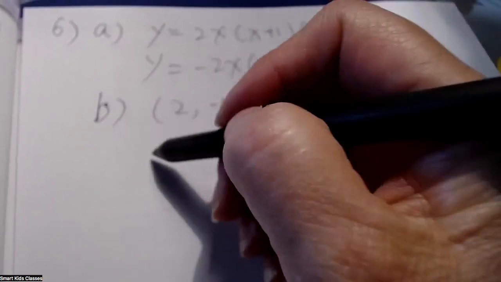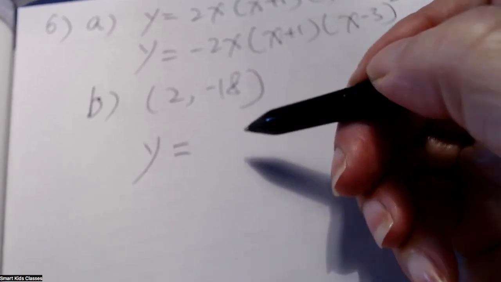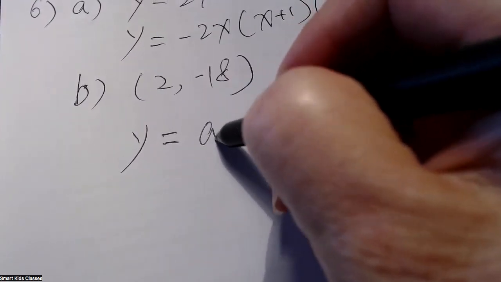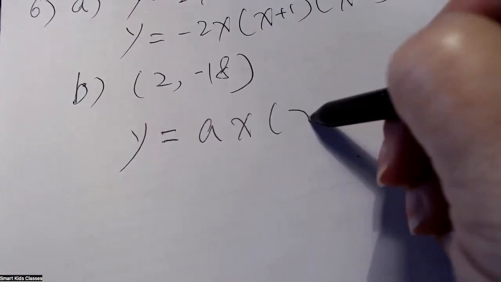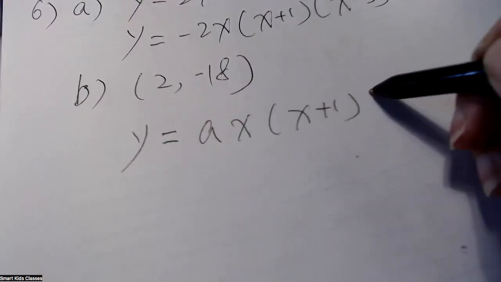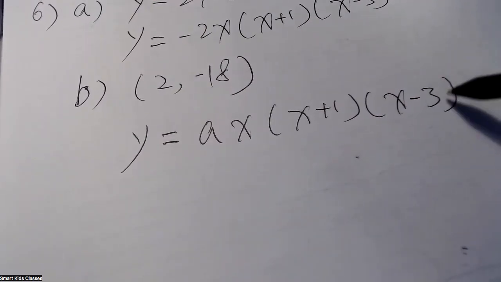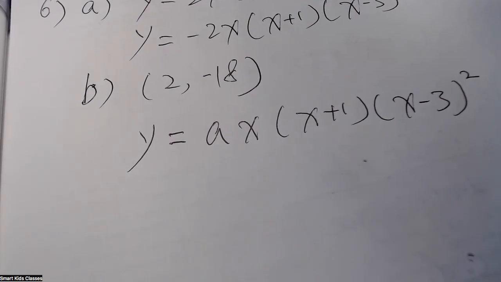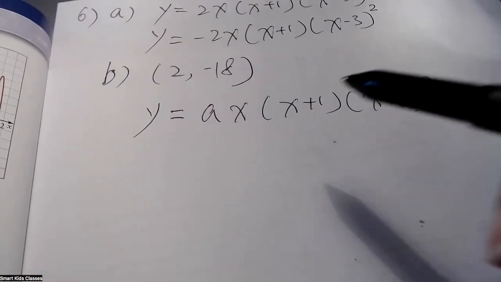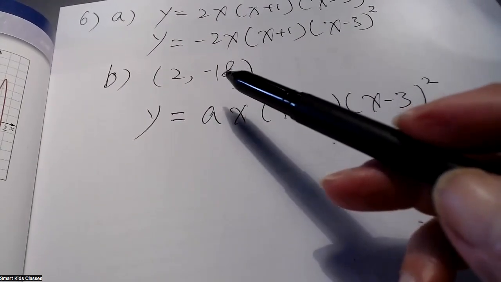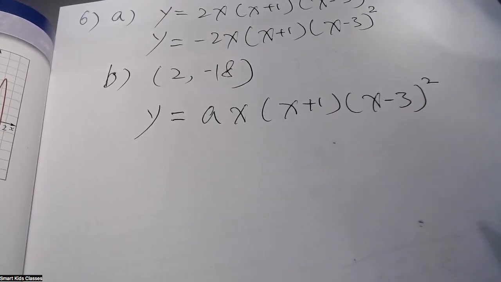So the first equation is y equals a times x, times x plus 1, times x minus 3 exponent 2. I'm going to plug in this point to find a, since this point must be on this equation.